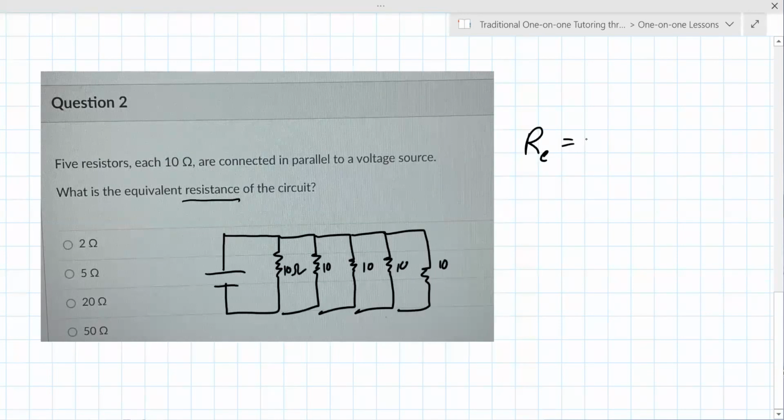The one formula is you just add them up. The other one is you add up the reciprocals of them. Let me actually get that formula, just double check that. So what you're looking for is the equivalent resistance in a parallel circuit.